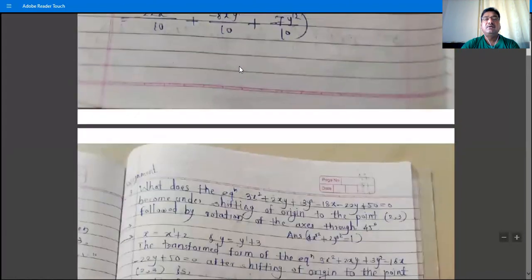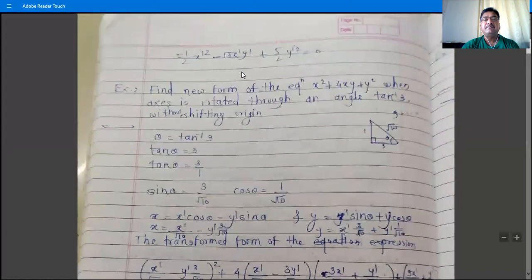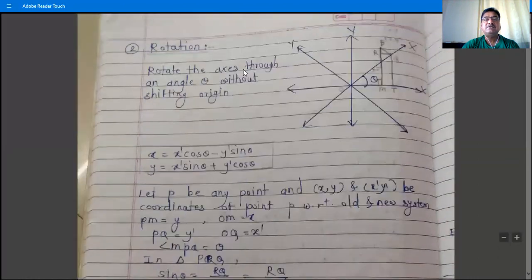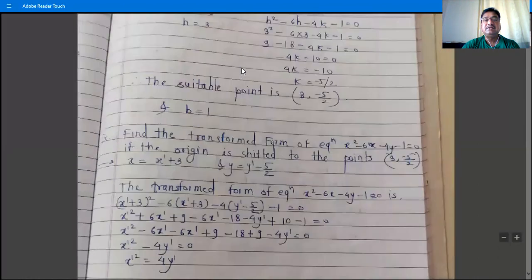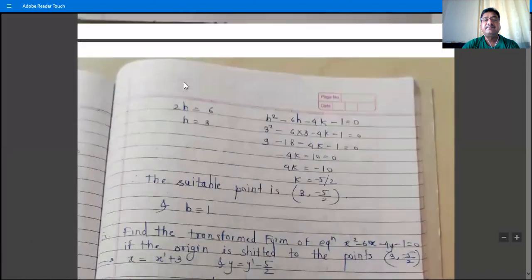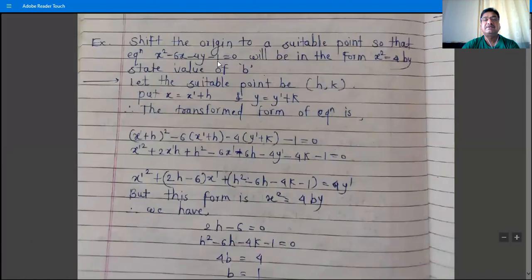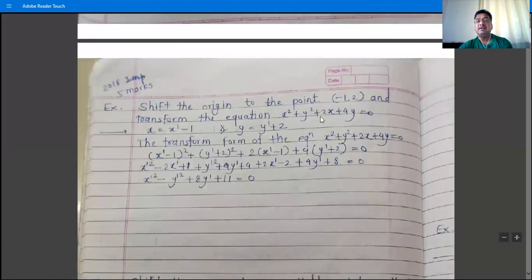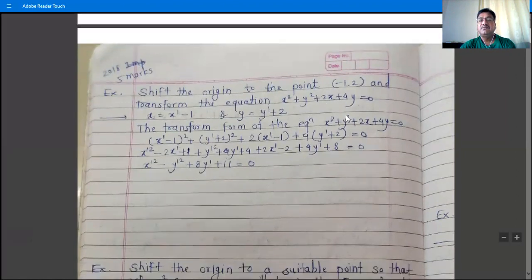If we observe the examples of shifting of origin, what is your observation? These are examples of shifting of origin. This is the given equation: x square plus y square plus 2xy minus 4y.